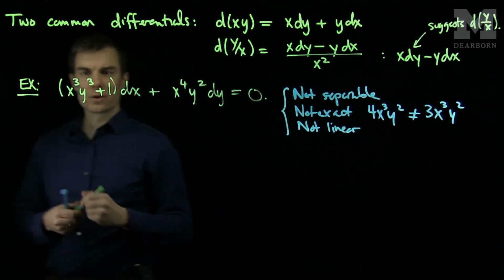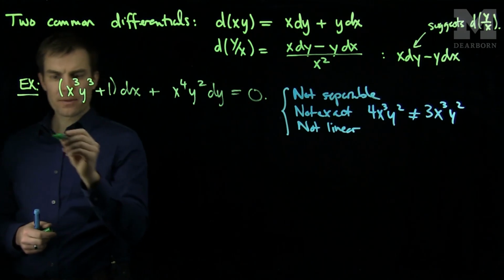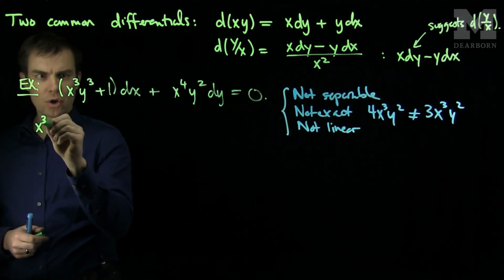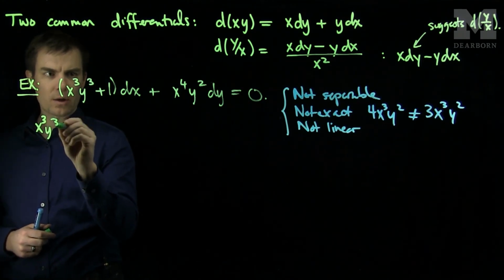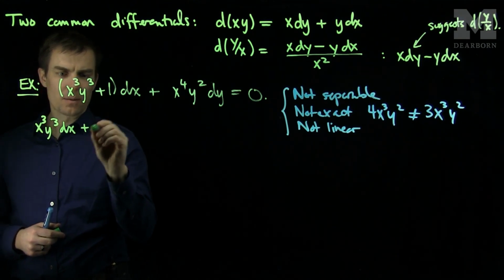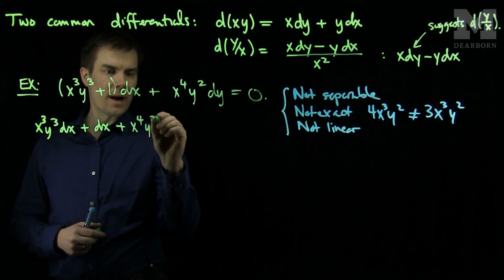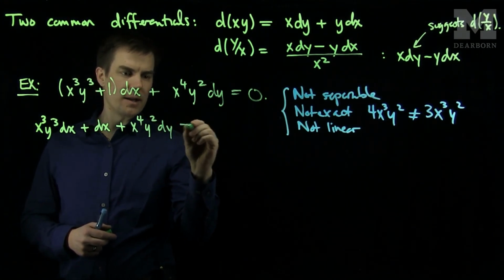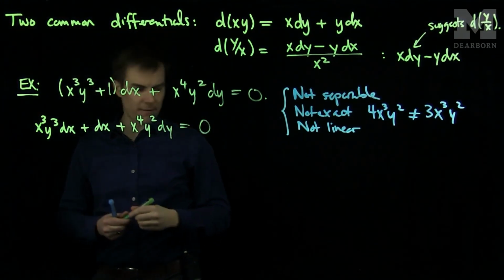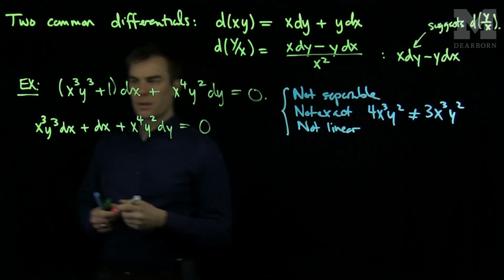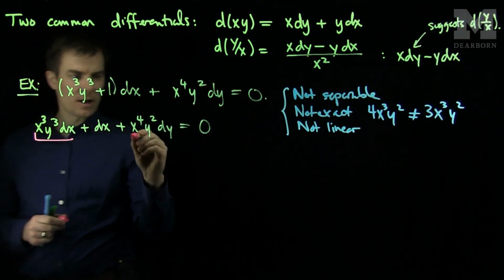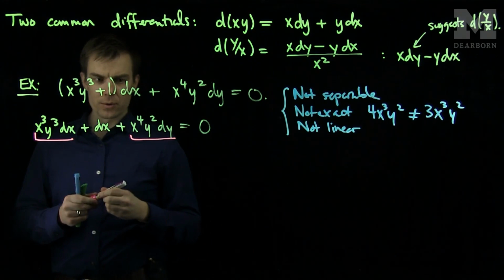So what we'll do is return to the original problem, and I will expand it out. I will have x cubed y cubed dx plus dx plus x to the fourth y squared dy equals 0. I'll simply expand out that factor. Now I'll look at these two terms and notice that they share a lot of common factors, so I'll group those two terms together.